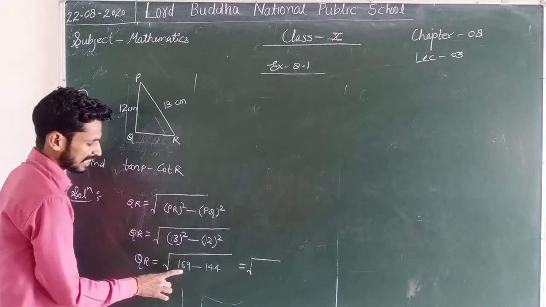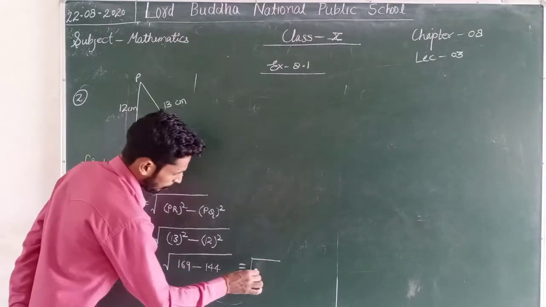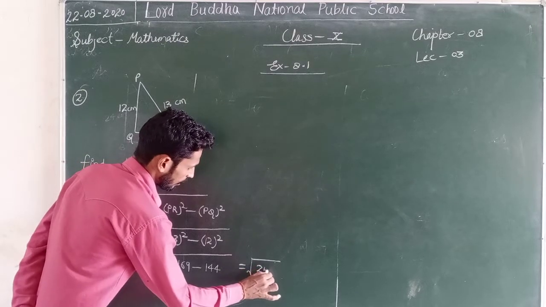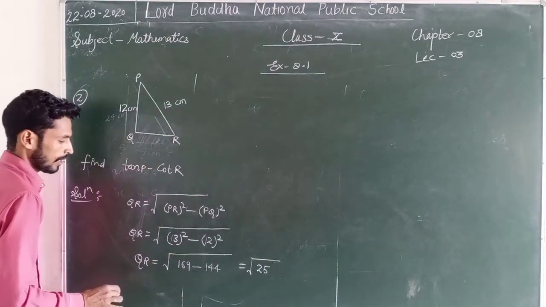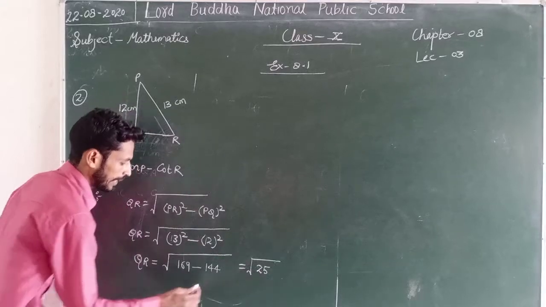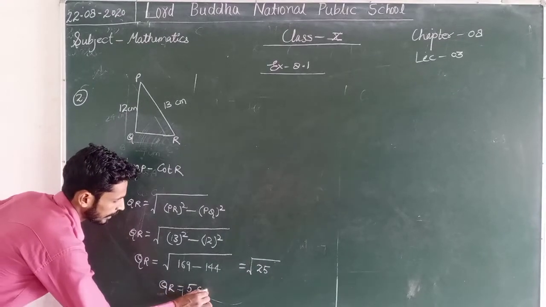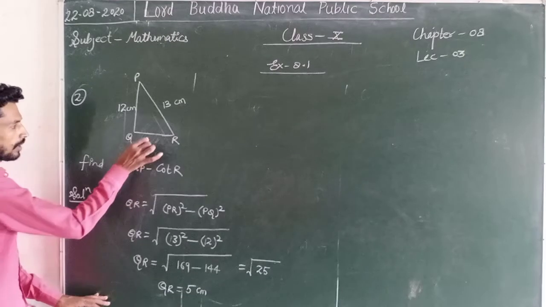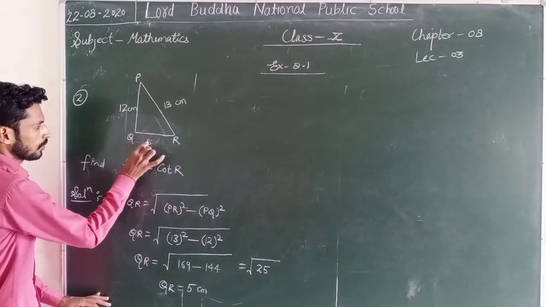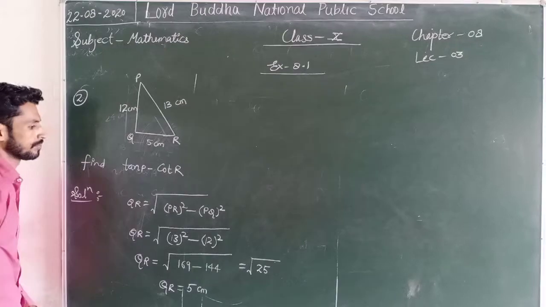If we subtract, we get 25, and the square root of 25 is 5 centimeter. Now the value of QR equals 5 centimeter.